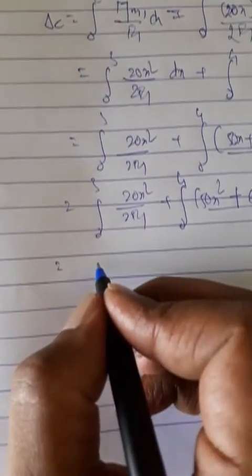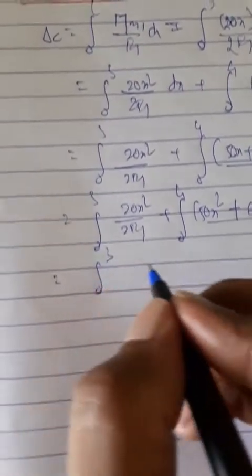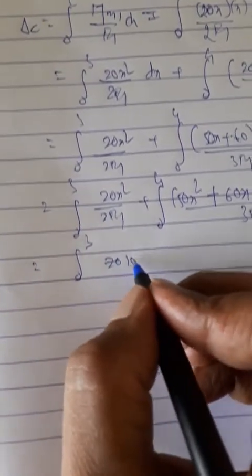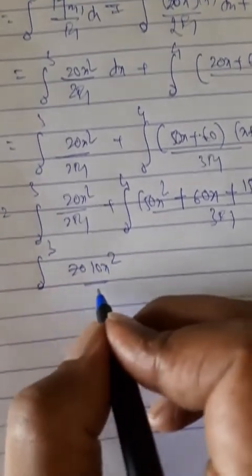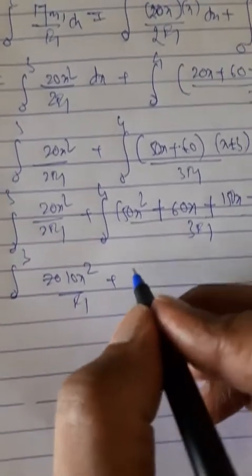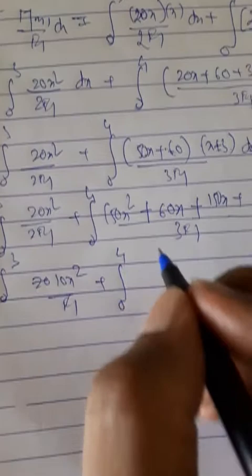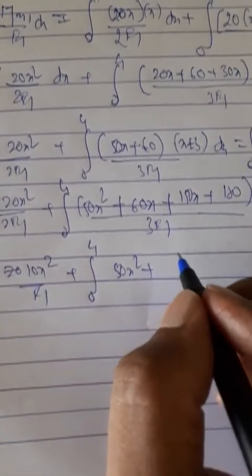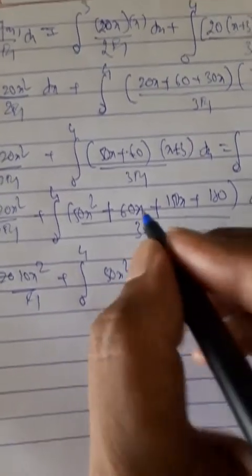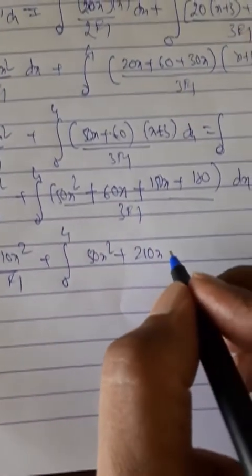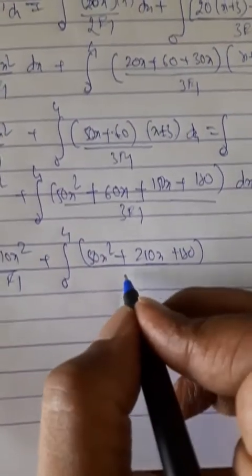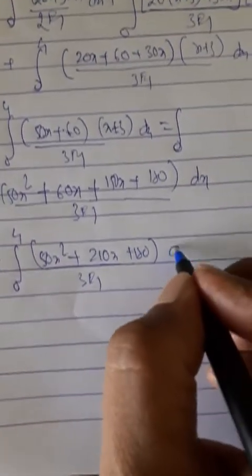So simplifying the terms, 0 to 3, 20 by 2, so I can make it 10x square by EI, plus 0 to 4, 50x square plus 210x, 60x plus 150x, plus 180, divided by 3EI dx.